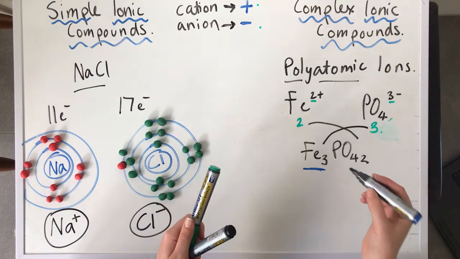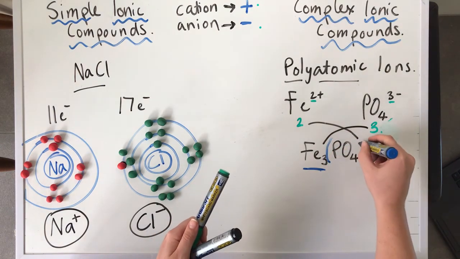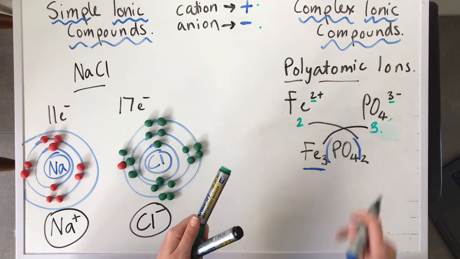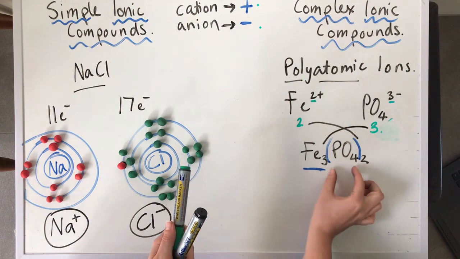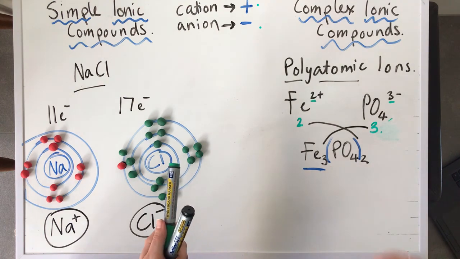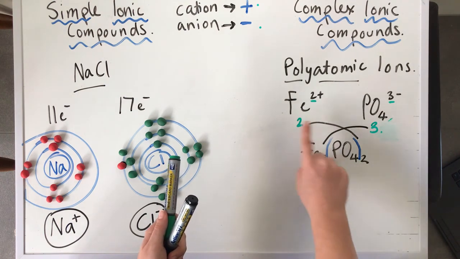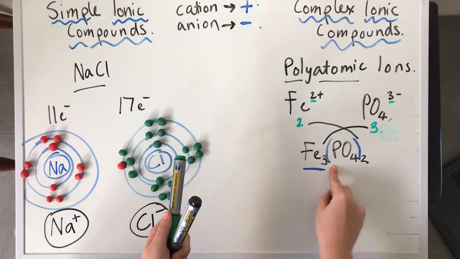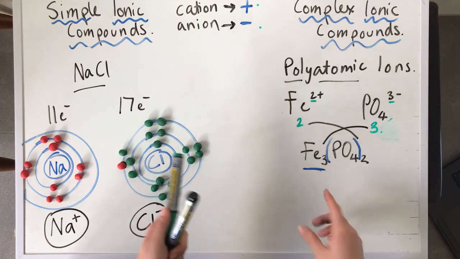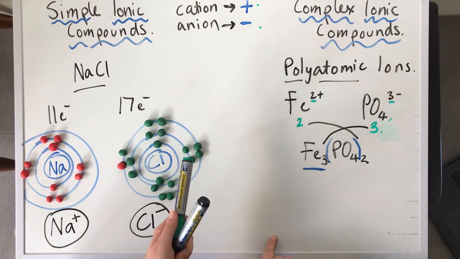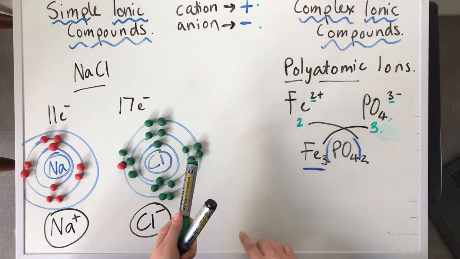What we need to do is include our polyatomic ions in a little set of brackets. It makes it really clear that we're talking about 2 whole phosphate ions. So, balancing this all out, we need to include our brackets. We've got 2 whole phosphate ions pairing with 3 of our iron atoms or iron ions.